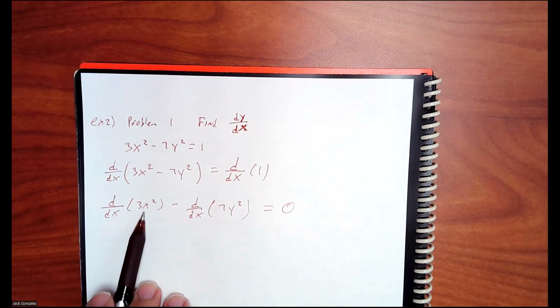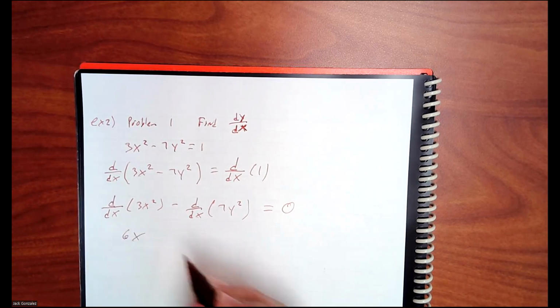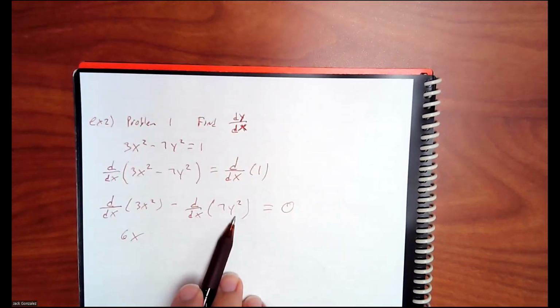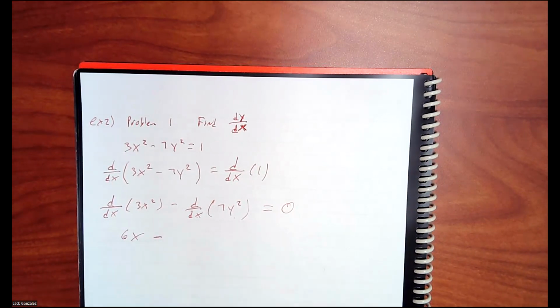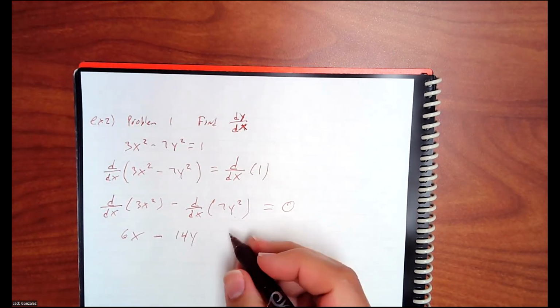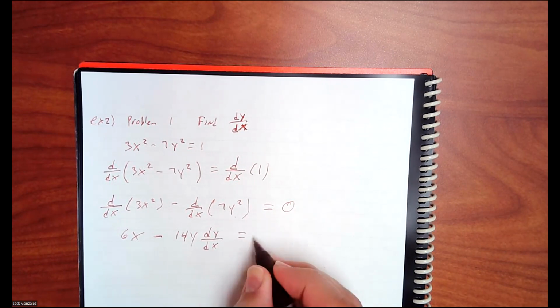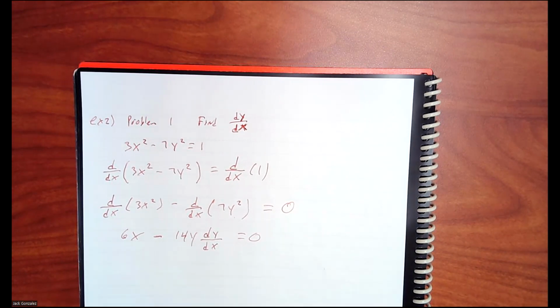So what is this derivative? Yeah, 6x. What is this one? 14y, and then we have to tack on that piece. That's it. Now we solve for that piece.